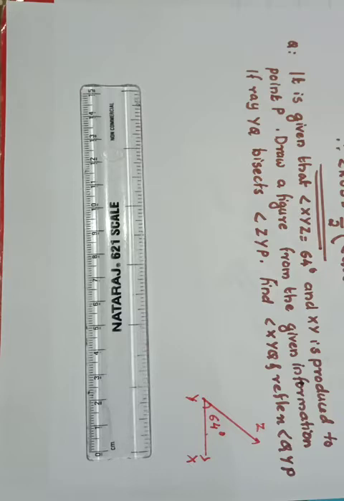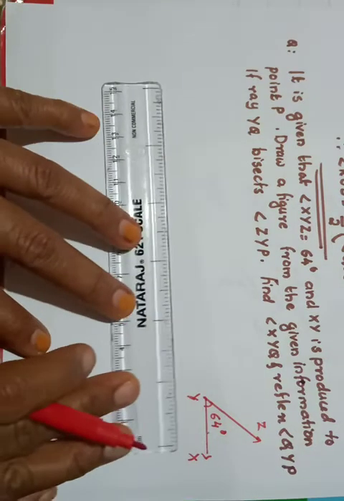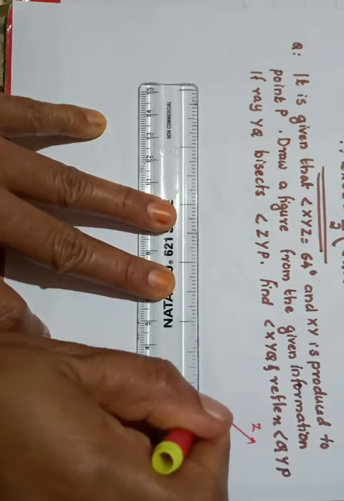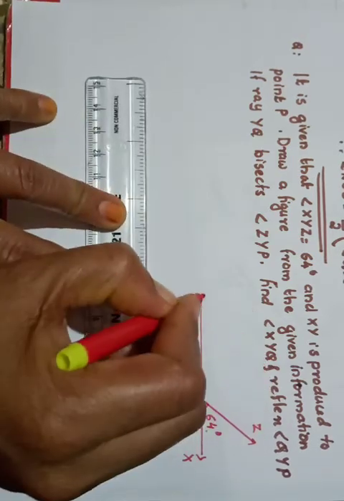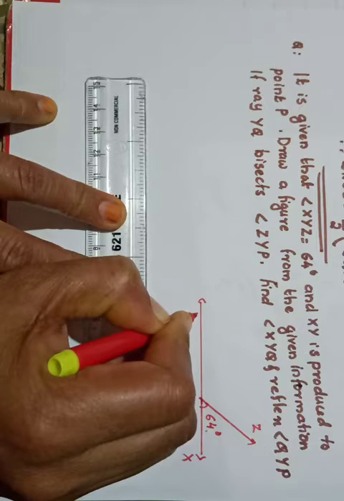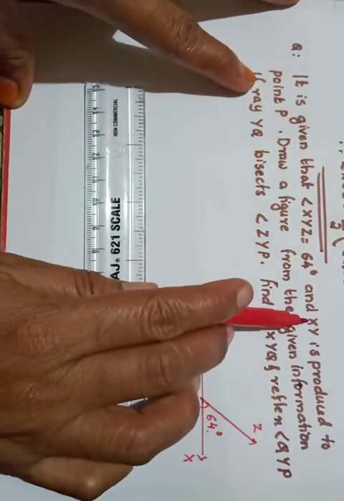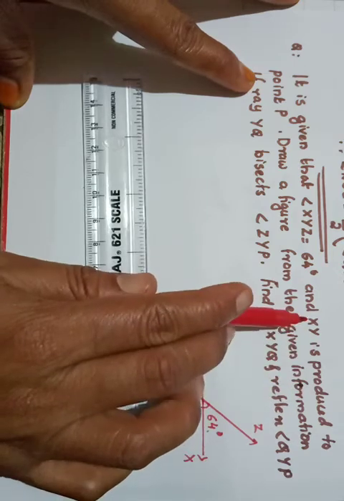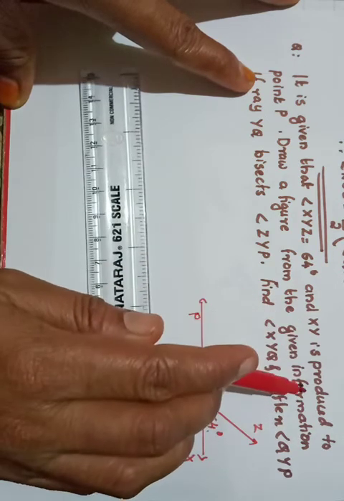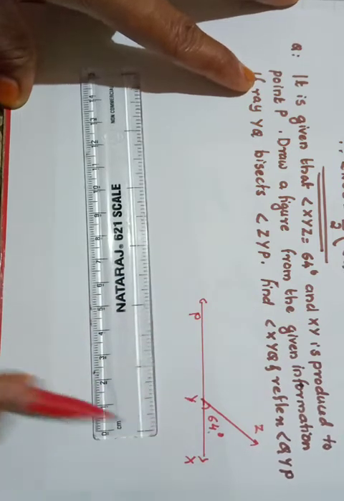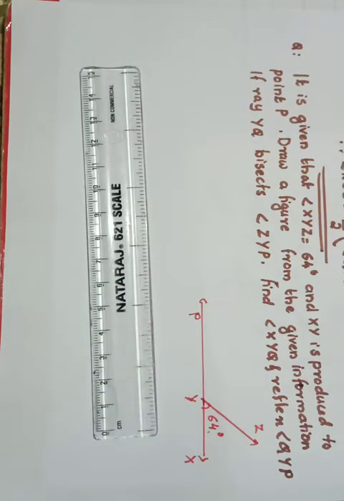Now XY is produced to a point P. That means from the X to Y direction we are extending. Let this point be P. So you want to remember, since XY is produced, it means X to Y produced. If it is YX produced, it means you need to produce in the Y to X direction. Clear?